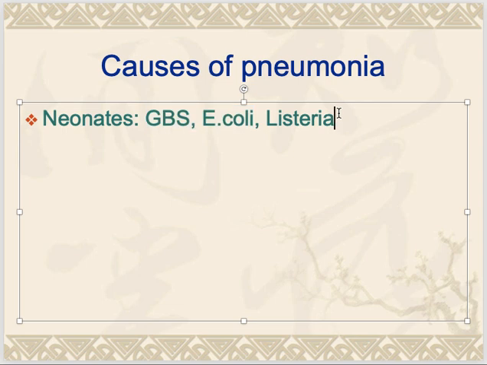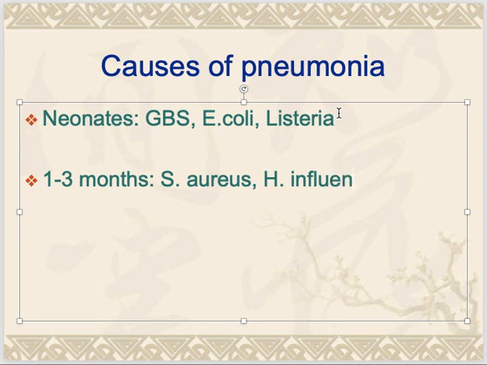That's the only reason. In 1 to 3 month old babies, the story changes: the most common become Staphylococcus aureus, then H. influenza, and then Streptococcus pneumonia, which is generally the most common cause of pneumonia.